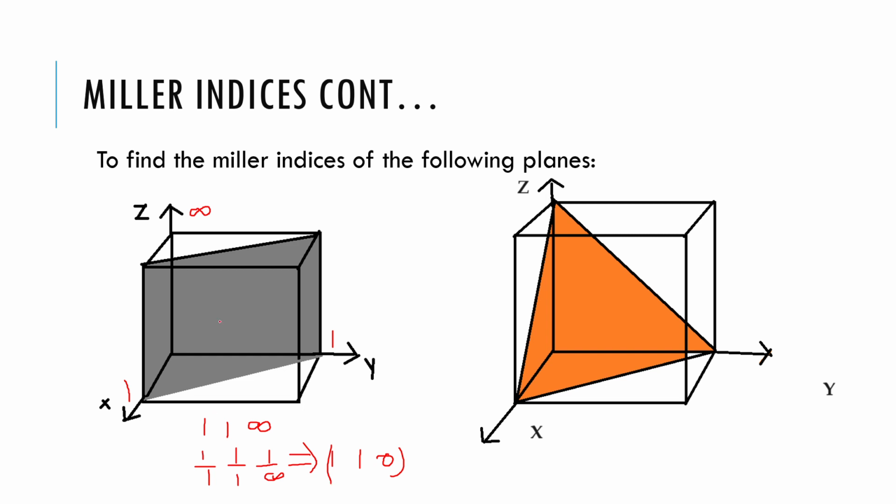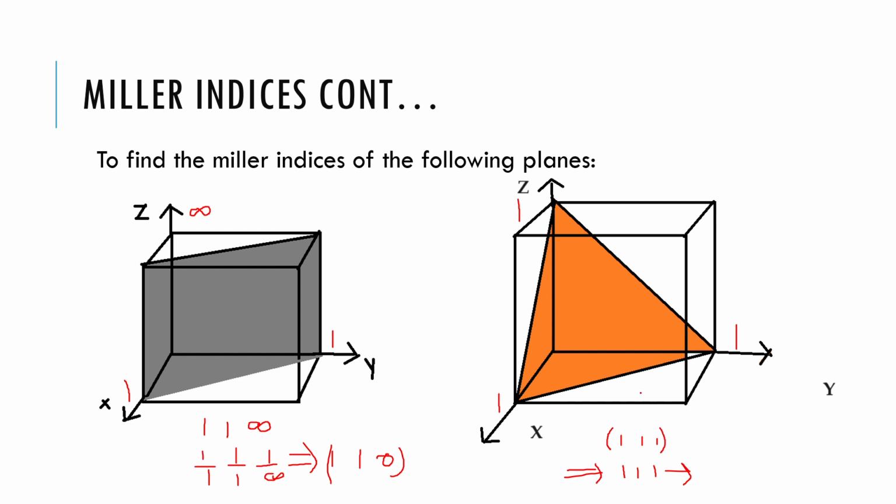So these are the Miller indices of the plane, 1, 1, 0, and similarly you can try here as well. There is one intercept along the x-axis, one intercept along the y-axis, and one intercept along the z-axis. So the intercepts are 1, 1, 1. Now we take the reciprocal, so 1, 1, 1, and since there is no LCM here, the Miller indices of this plane are 1, 1, 1.